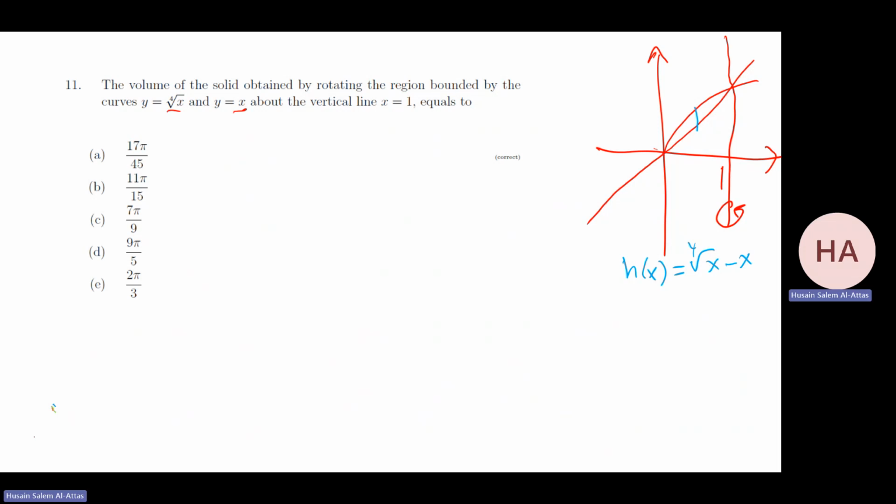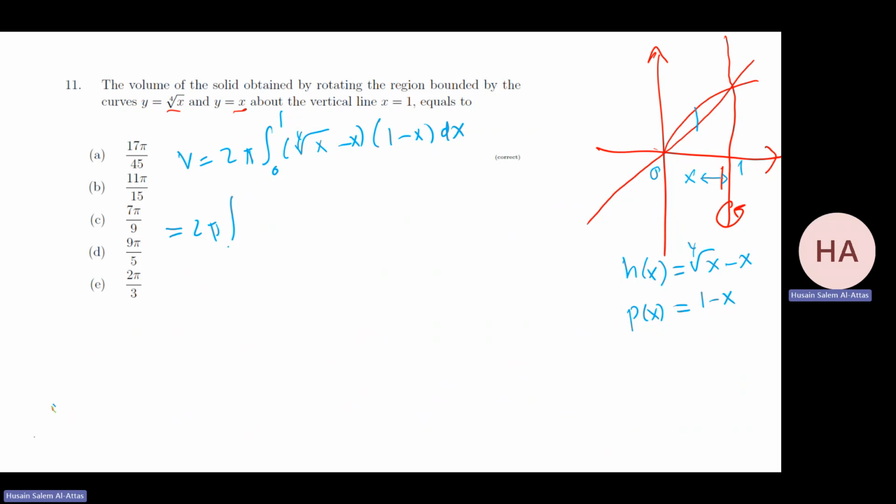The upper minus the lower. And p of x will be what? If this is x, I want this distance, which is 1 minus x. Okay, and from where to where? From 0 to 1. Very clear, from 0 to 1. So the volume will be 2 pi from 0 to 1 the product of this times 1 minus x dx.